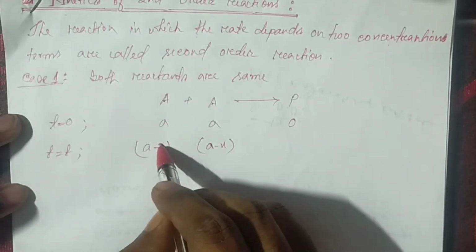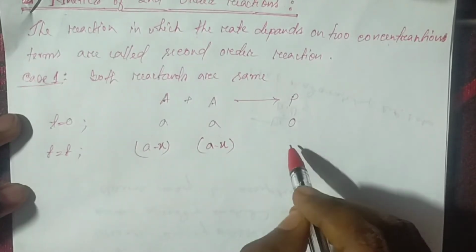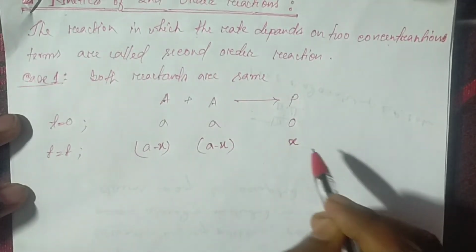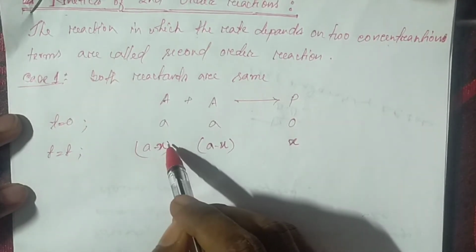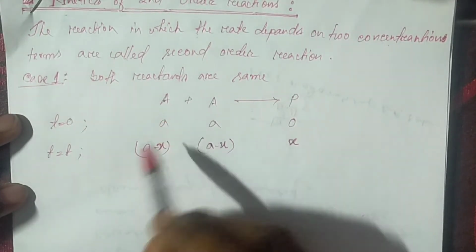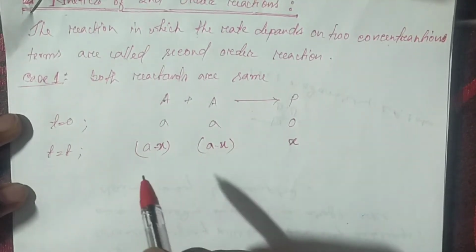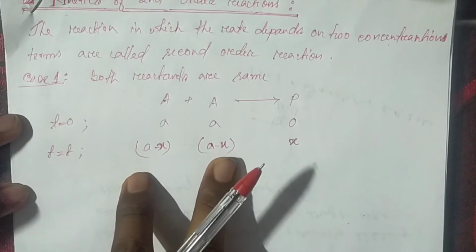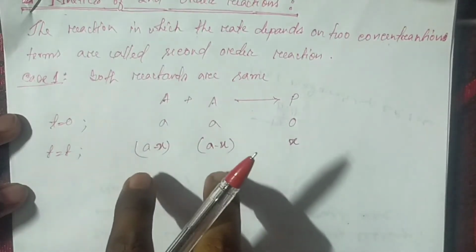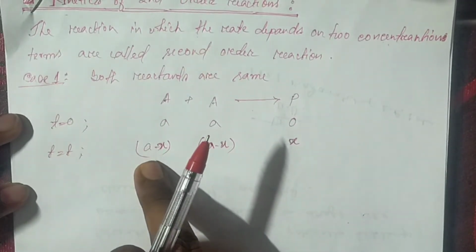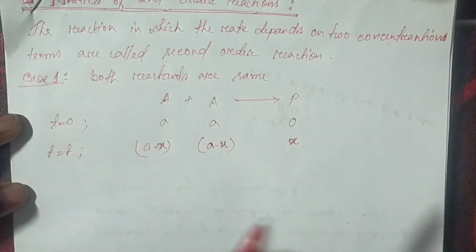That means x amount of reactant is converting to product, so a minus x remains as reactant, and a minus x remains as the other reactant. These are the same reactant, one of the reactants and the other one.